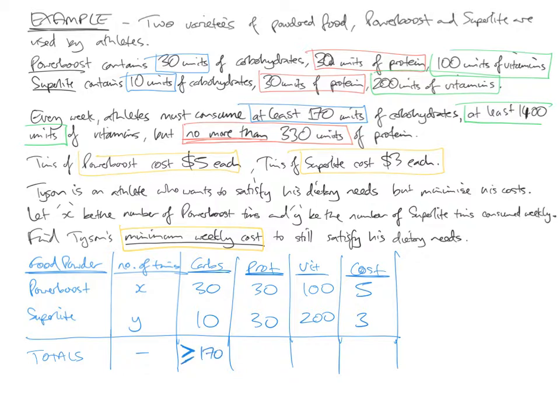Protein: they're not allowed more than 330, so instead of greater than or equal to, it's less than or equal to 330 units of protein. Vitamins: at least 1400, so greater than or equal to 1400 in total. And the cost, we don't know, we're trying to minimize that.